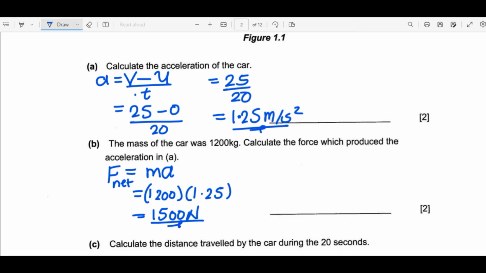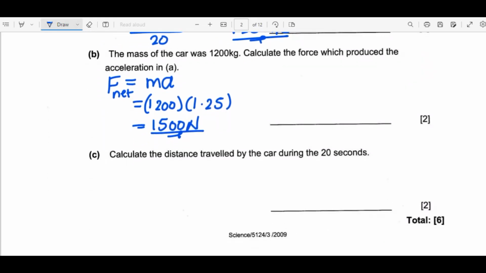So that is our final answer. So for the car of 1,200 kilograms to accelerate at 1.25 meters per second squared, the force of 1,500 newtons must be applied. Then we move on to question C.